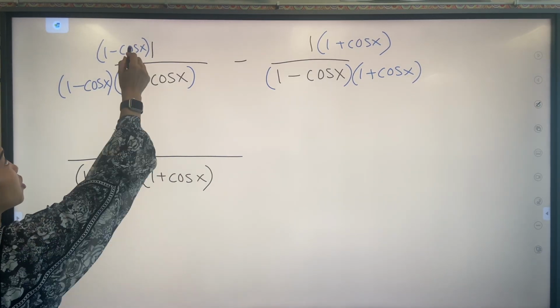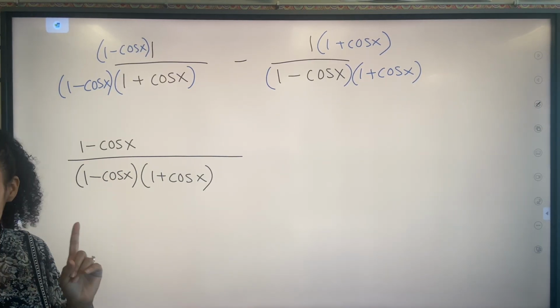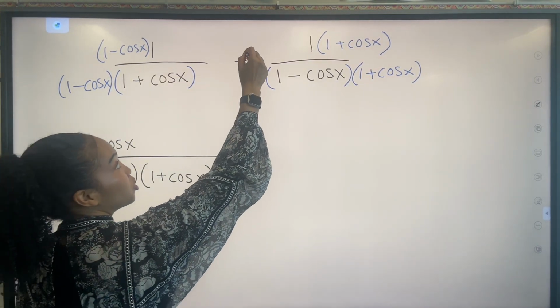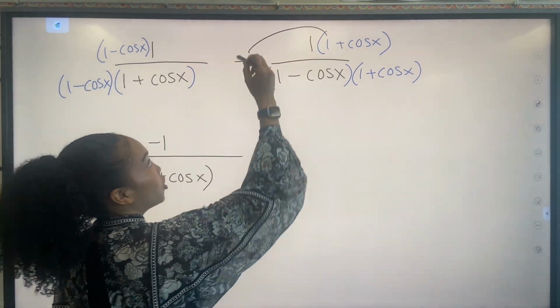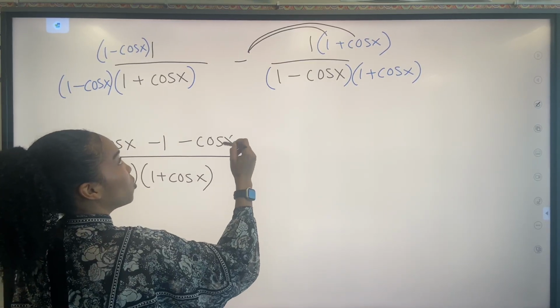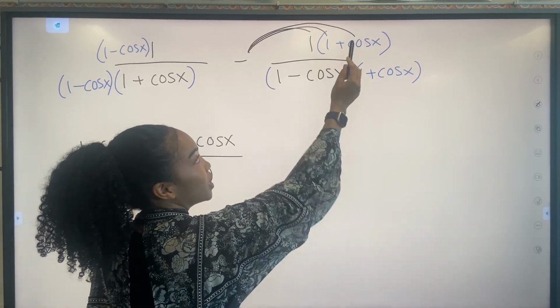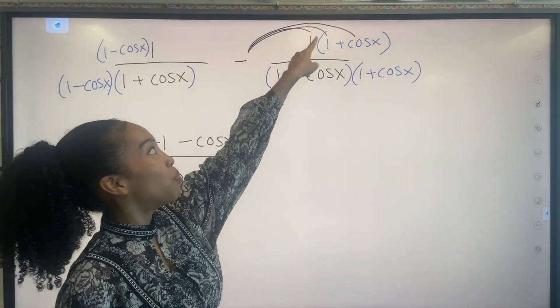Your numerator, you have 1 minus cosine x, and watch, this is where everyone messes up. You're going to subtract the 1, and you're going to subtract the cosine. A lot of people only subtract the first thing and they forget about subtracting the second thing. The minus sign needs to go to both things.